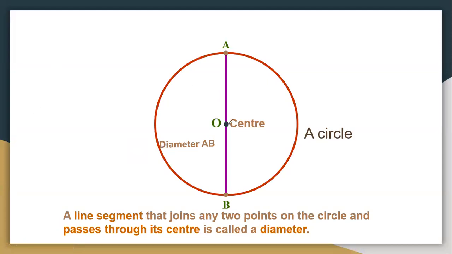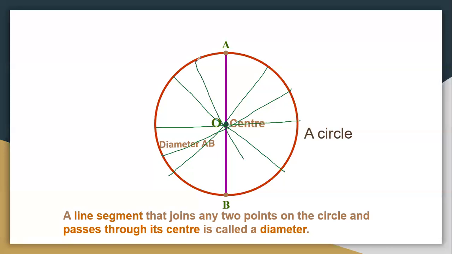As long as it passes through the center, it can be like this, or like this. As long as that line, once you draw it, is passing through the center, we call it the diameter.